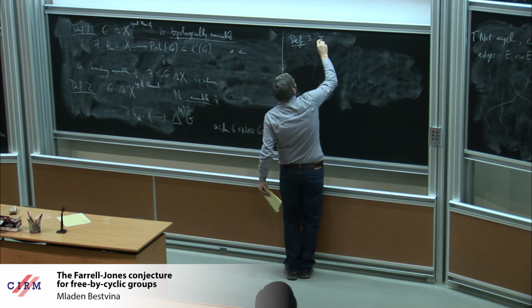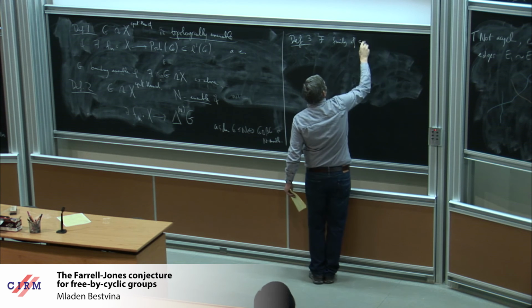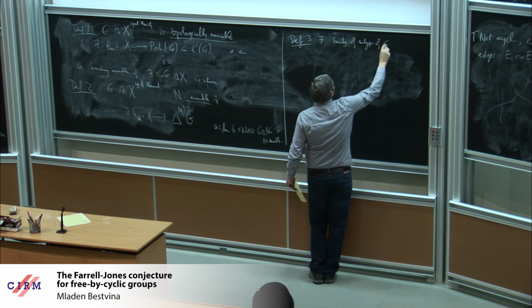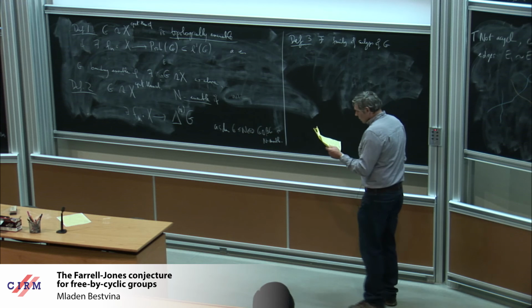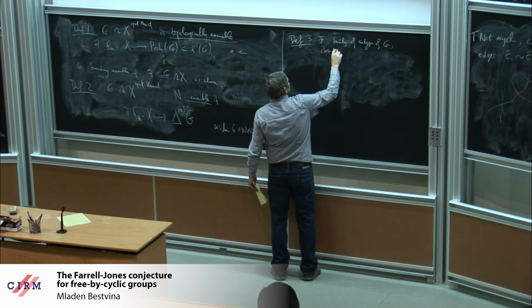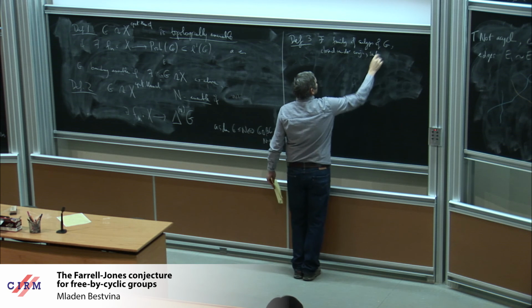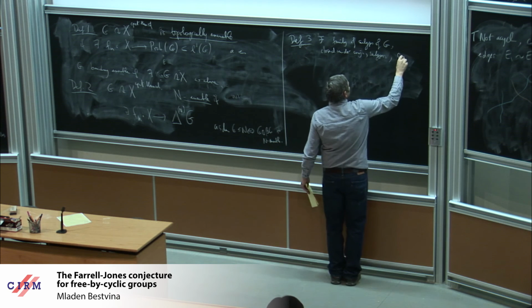F is going to be a family of subgroups of G, and it's supposed to be closed under conjugation, subgroups and finite index supergroups.